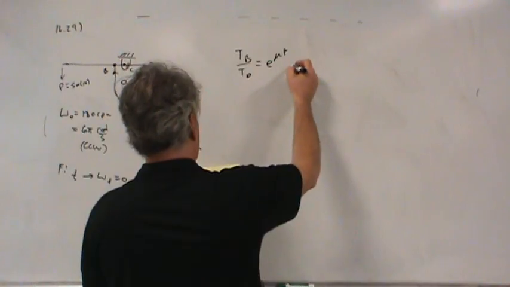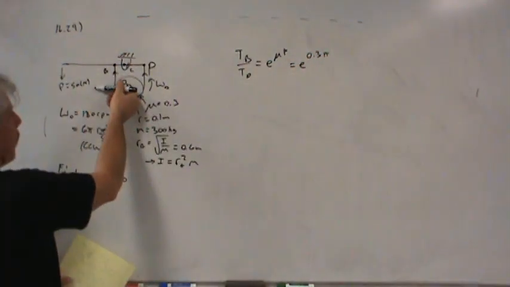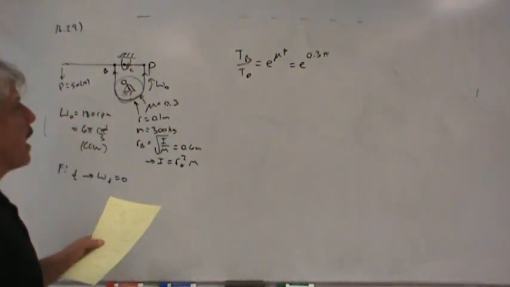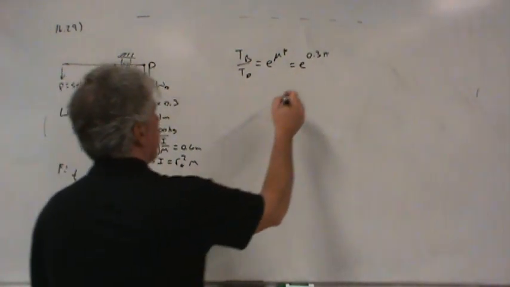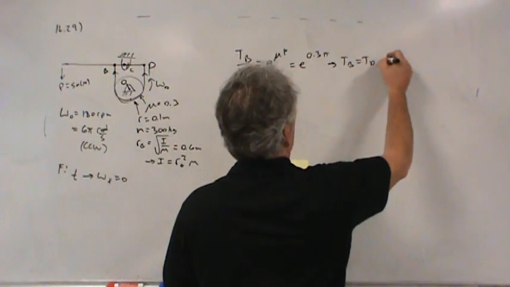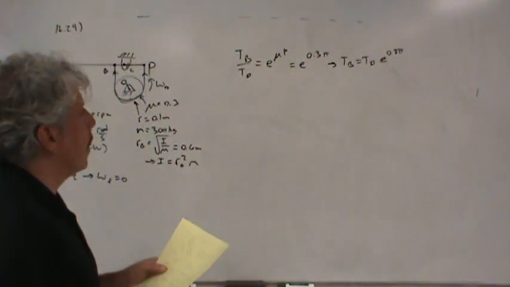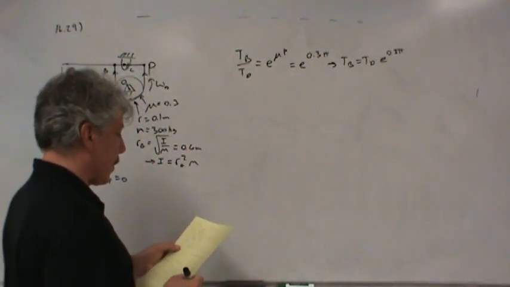Okay, and so this is e to the 0.3 pi, because notice that the wrap angle beta is just 180 degrees, or pi radians. So basically this tells us that T_B is T_D times e to the 0.3 pi. So at least we only have to deal with one unknown tension.